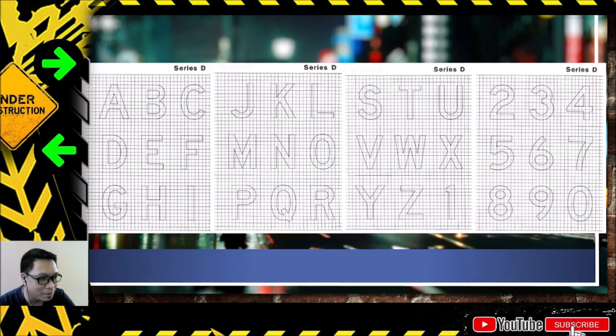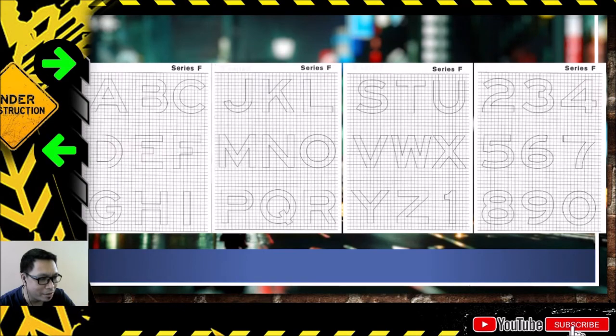Then we have series D, series E, and lastly series F, which is not commonly used because of its width and thickness. Since it is thick and wide, it requires a larger spacing. We avoid using it because the sign might become bigger.